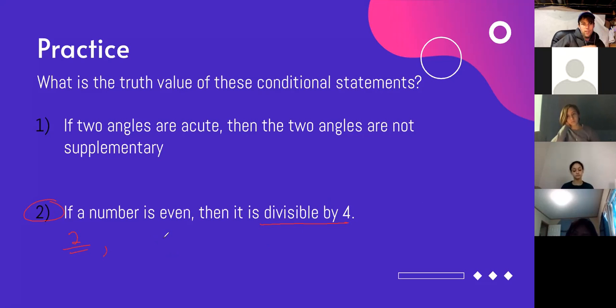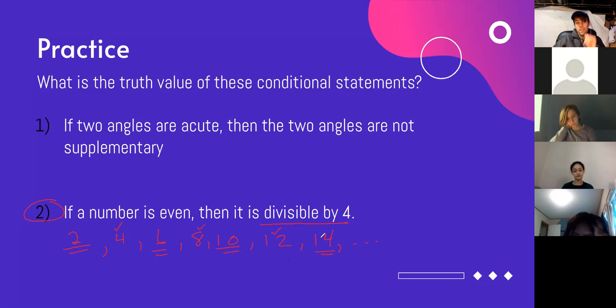Just from the chat, I'm seeing 14, 6, 10. Actually, in this case, if you think about your even numbers, if you just go through them, every other even number is a counterexample, right? 2 is not divisible by 4. 4 is, so that one works, but 6, not divisible. 8 is, but 10, not divisible by 4. 12 is, we'd get 3. 14, that's not divisible by 4, right?